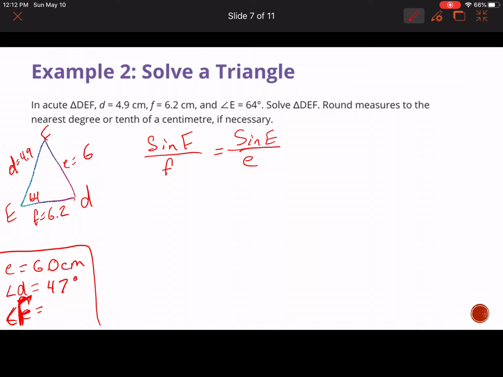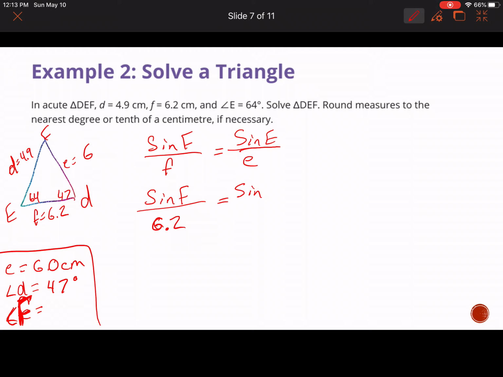So always go back as far as you can with using information to help you out. So F is 6.2. Or we could, at this point, just use the fact that we've got two angles of a triangle and we can subtract to calculate the third one. We can use that to check our answers at the end.